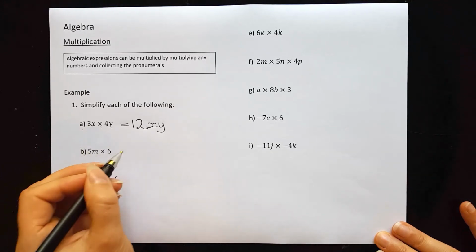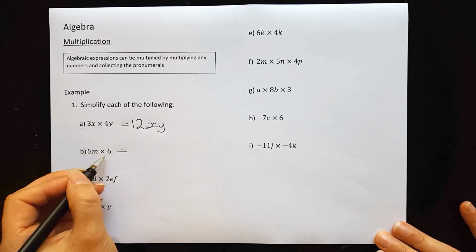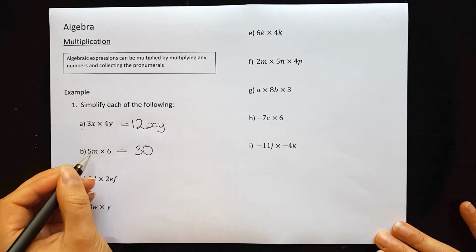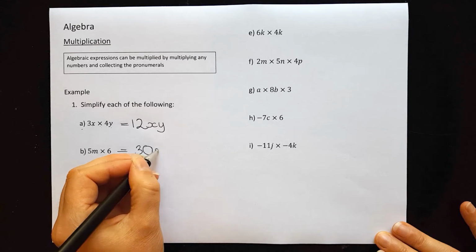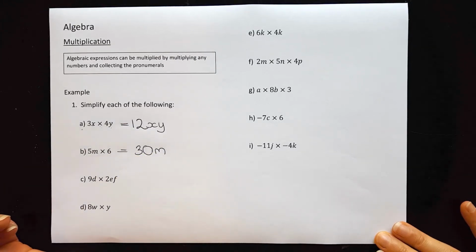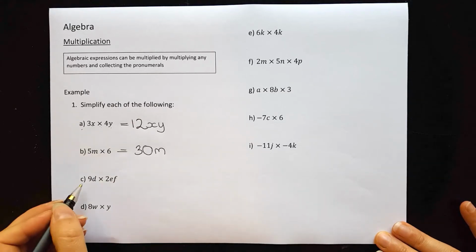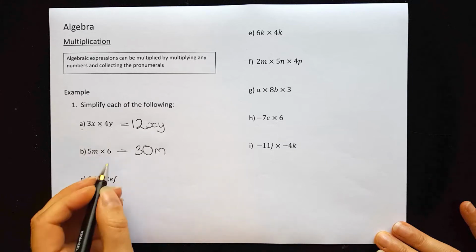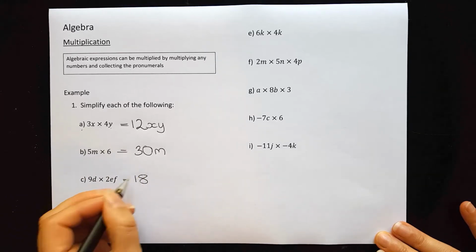For B, doing it again, multiply any numbers. 5 times 6 is 30 and collect the letters. There's just an M, just one letter. It will sit afterwards. For C, 9D times 2EF. Multiply the numbers. 2 times 9 makes 18.